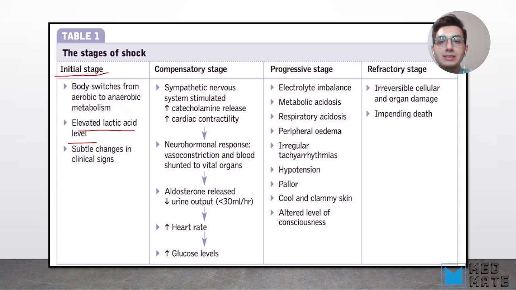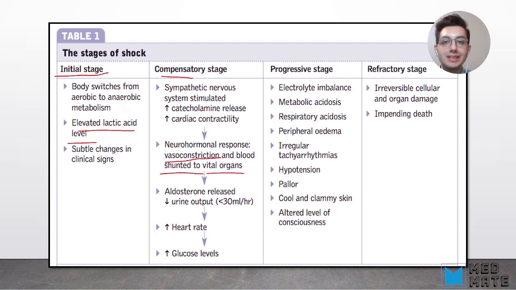So what happens is the sympathetic nervous system stimulates catecholamine release and cardiac contractility in order to maintain the hemodynamics. Here, our body tries to compensate via shunting the blood to the vital organs to maintain the blood supply in my vital organs.